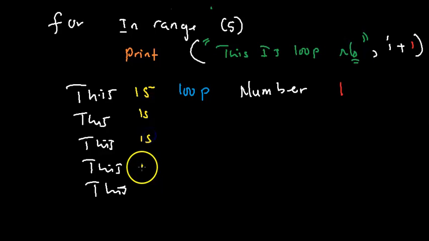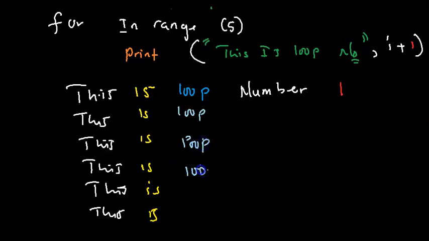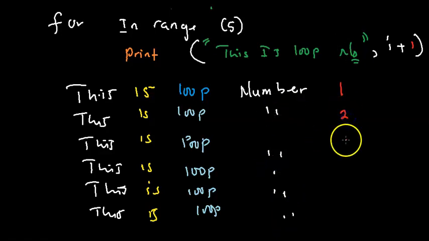This is for the first time. For the next, we can put another one, this. And for the is, you can add another one, is. For the loop number, also it is going to repeat itself 5 times. But the only difference we are going to have is in this case, which is going to be 2, 3, 4, and 5. So this is it for this problem.